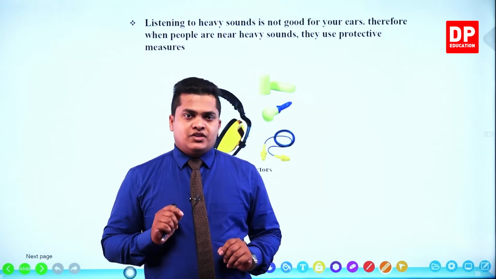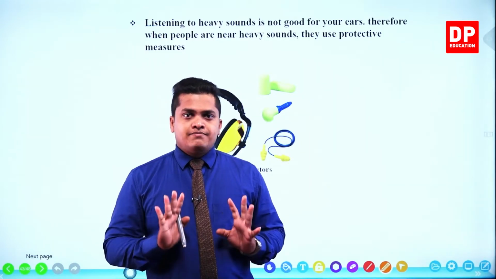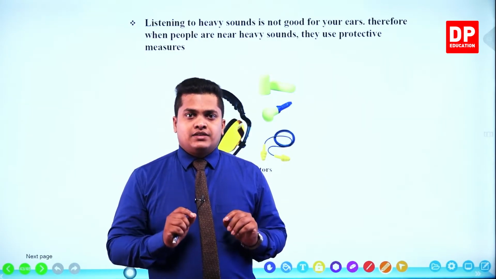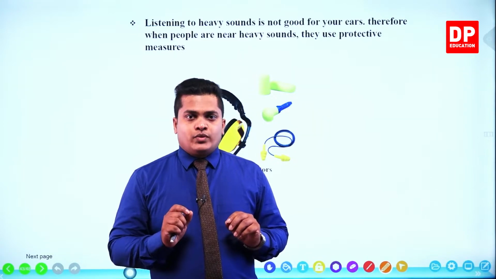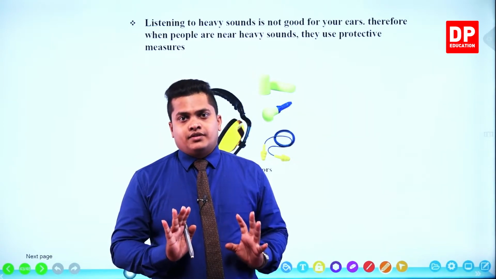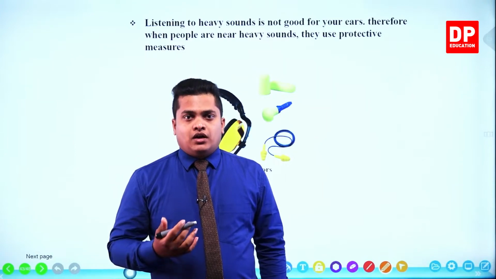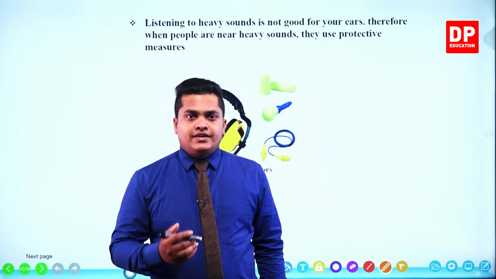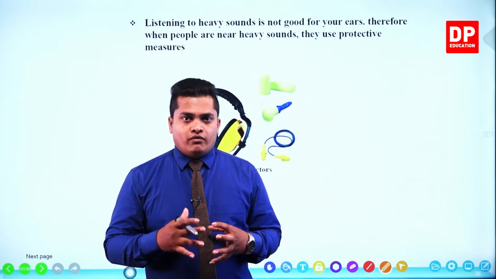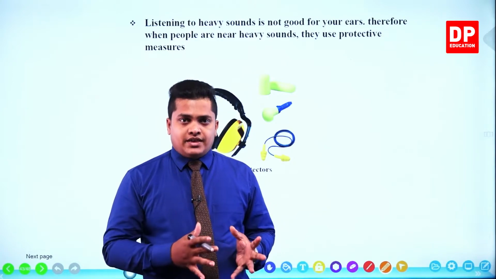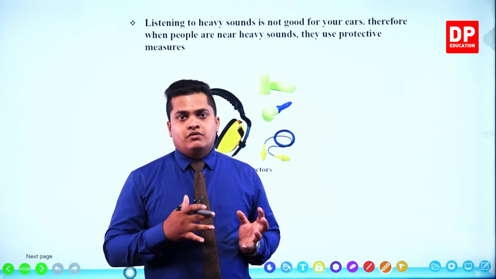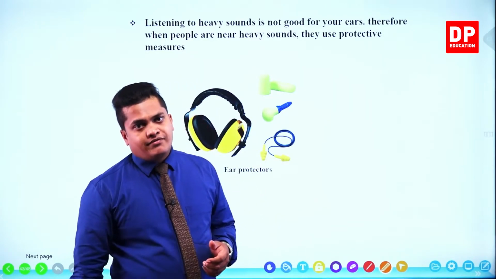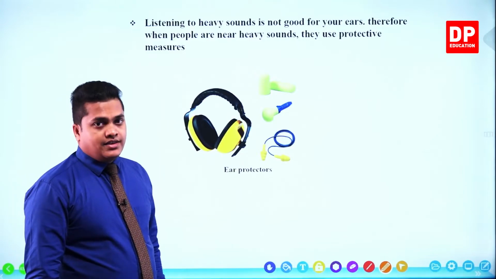In that kind of situation, there are certain precautionary mechanisms which we can use to avoid the bad things which happen to our ears from those kinds of heavy noises. So those workers can wear ear protectors like this.